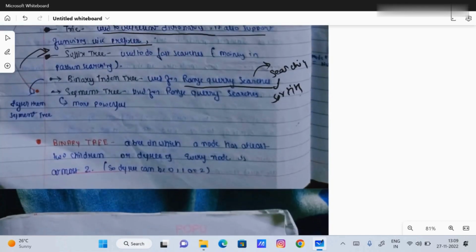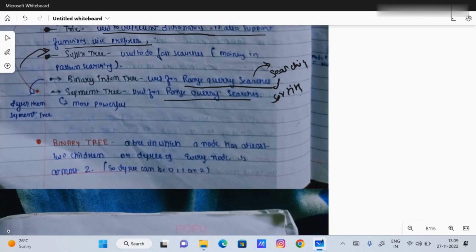Thereafter, segment tree. What is a segment tree? It is used for range query searches, first of all, and is more powerful. Look, binary index tree and segment tree are different, but they are both mainly used for range query searches.